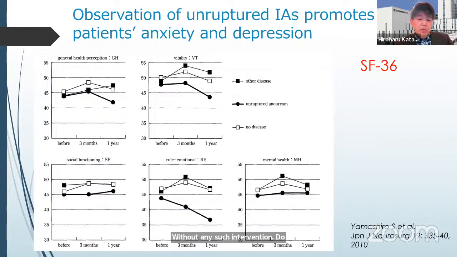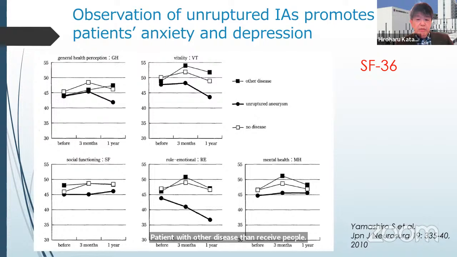Not needing to be operated on is not necessarily good for patients. These are data of quality of life measured by SF-36 for patients with unruptured aneurysm, patients with other diseases, and healthy people.